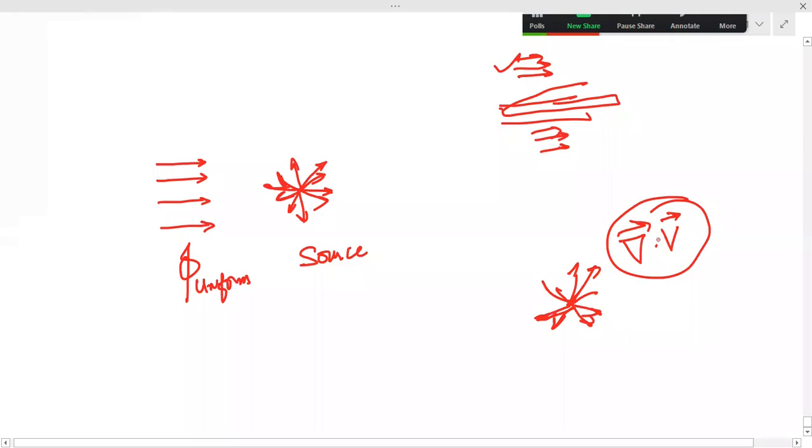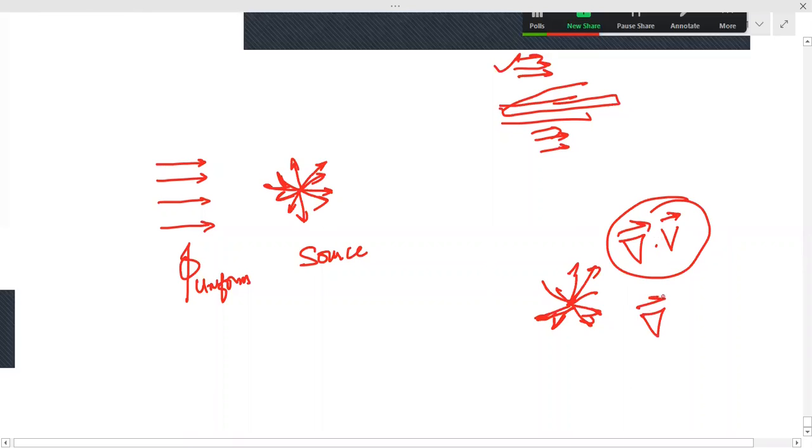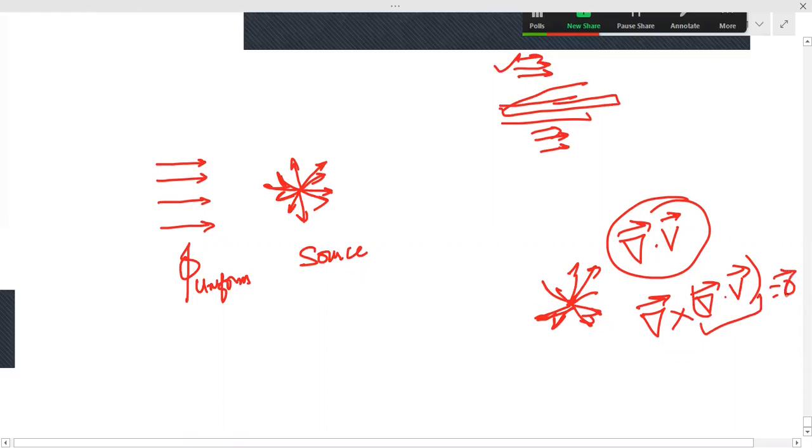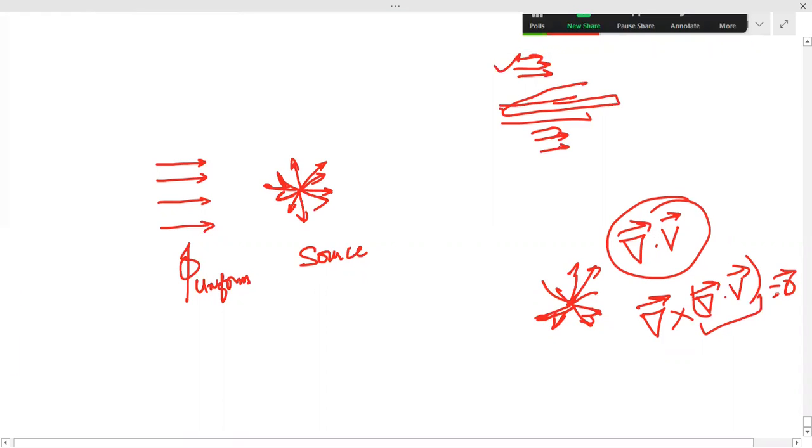And if divergence is non-zero, can you have curl of a divergence? It will be a null vector.